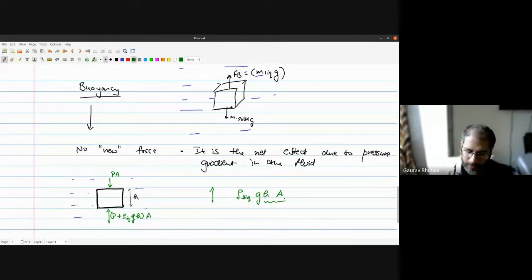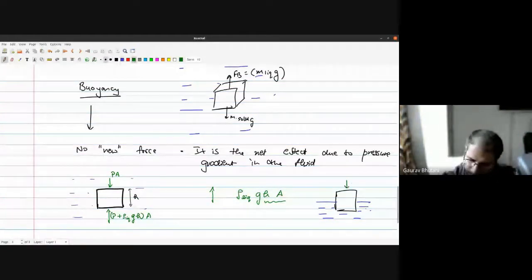But for some reason, if only half a body was immersed, the free surface of water would have started from here, then in that case this would have been atmospheric pressure, and the pressure here would be P plus rho liquid g, and then it will be this height H partial, because the pressure here is atmospheric as well.